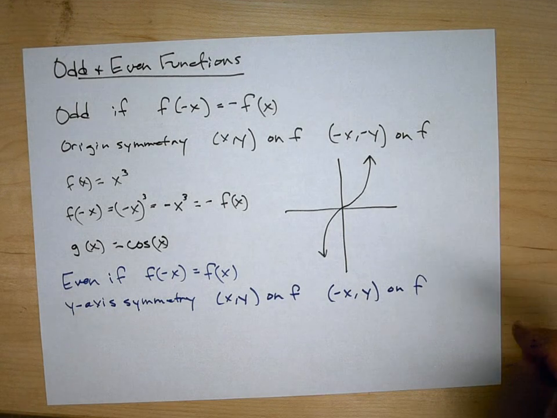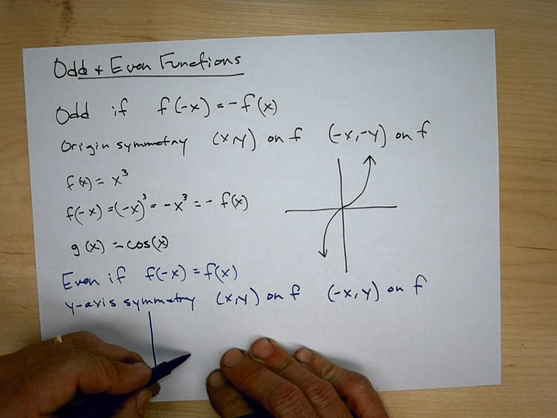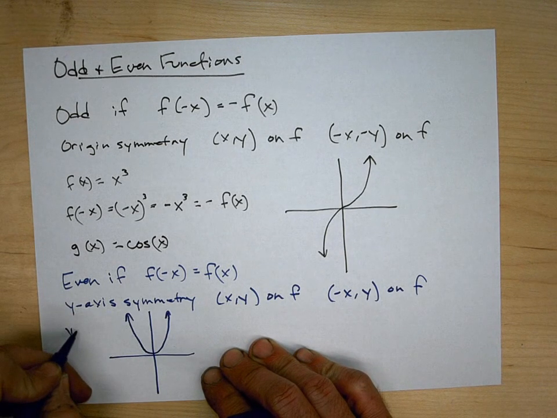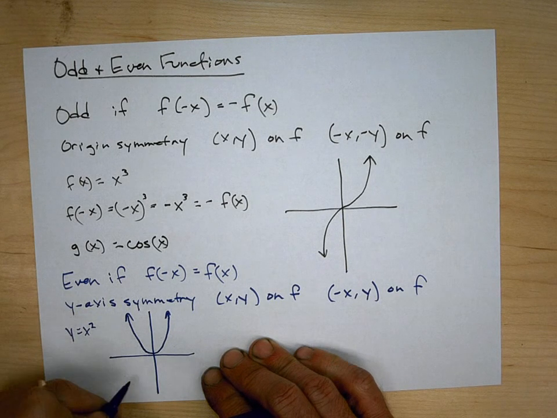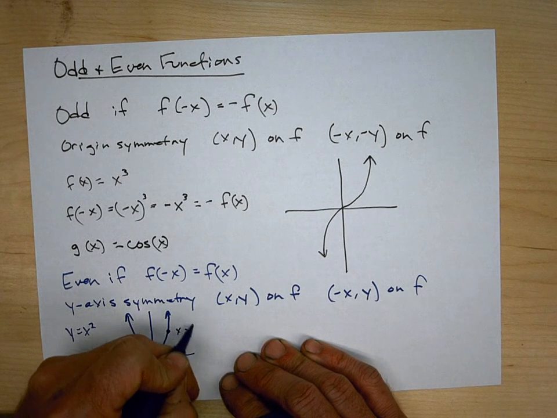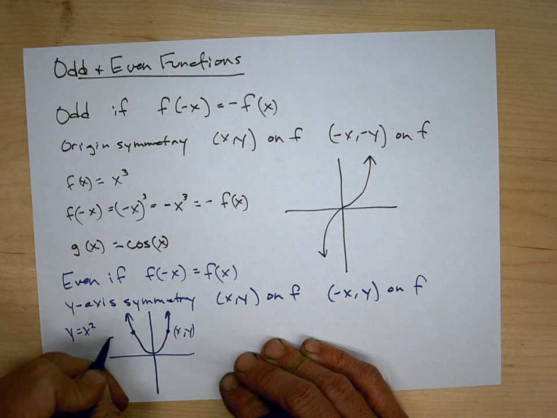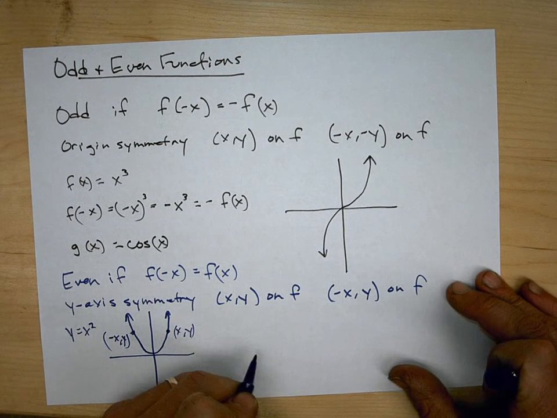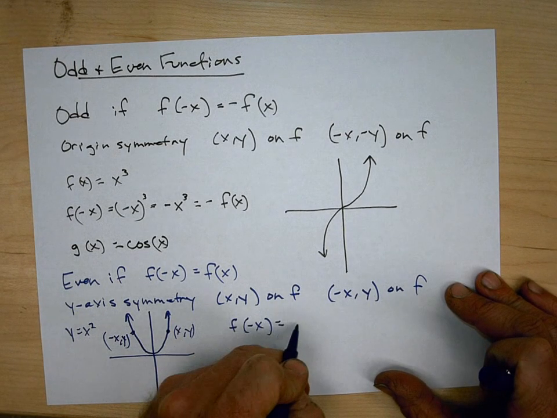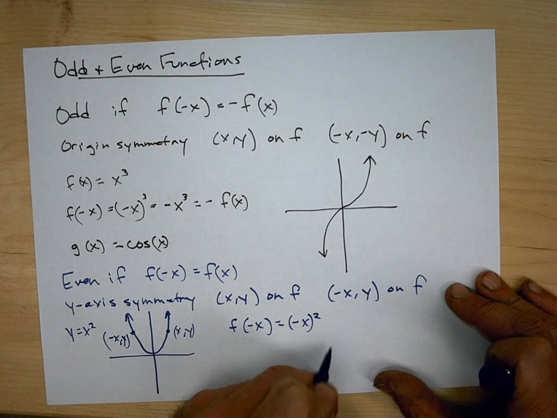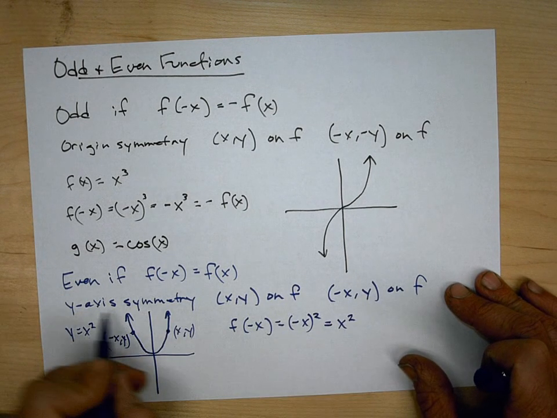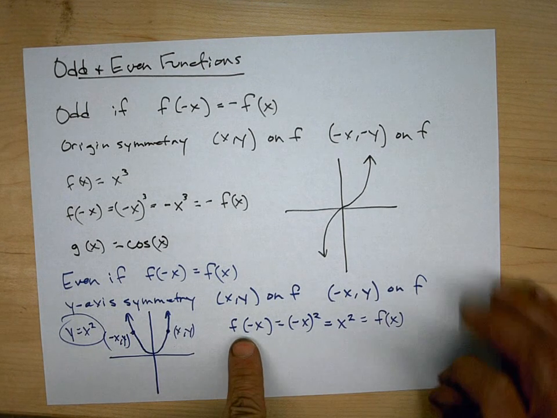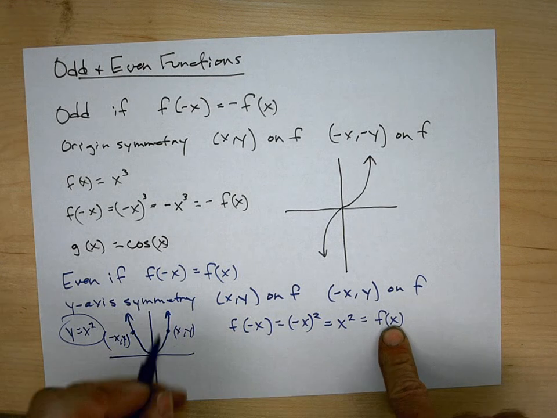The example we looked at earlier in terms of symmetry, actually I think we looked at the beginning of this lecture as well, was y equals x squared, right? It has y-axis symmetry. If this point here is xy, then making the x value negative results in the same y value. The way we test it algebraically, we say f of negative x equals negative x squared, which equals x squared. But notice that is just our f, right? So f of negative x equals f of x. That is the definition of an even function.